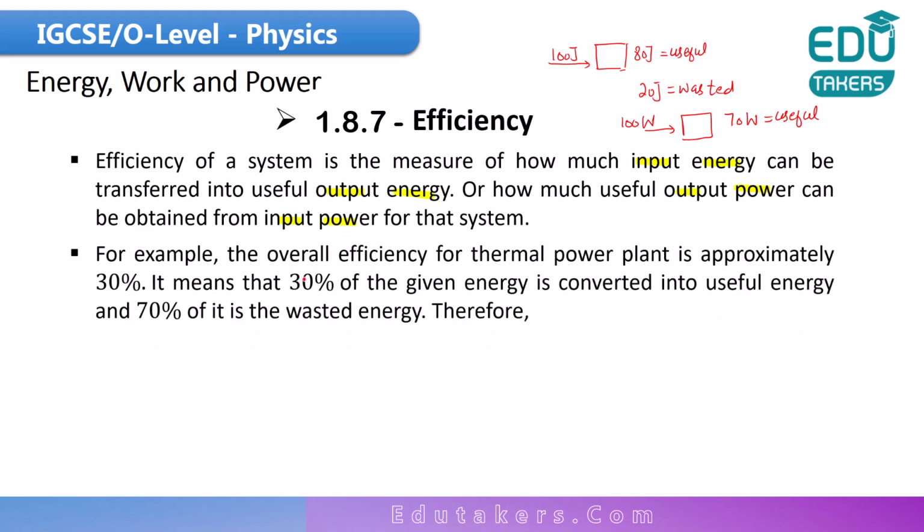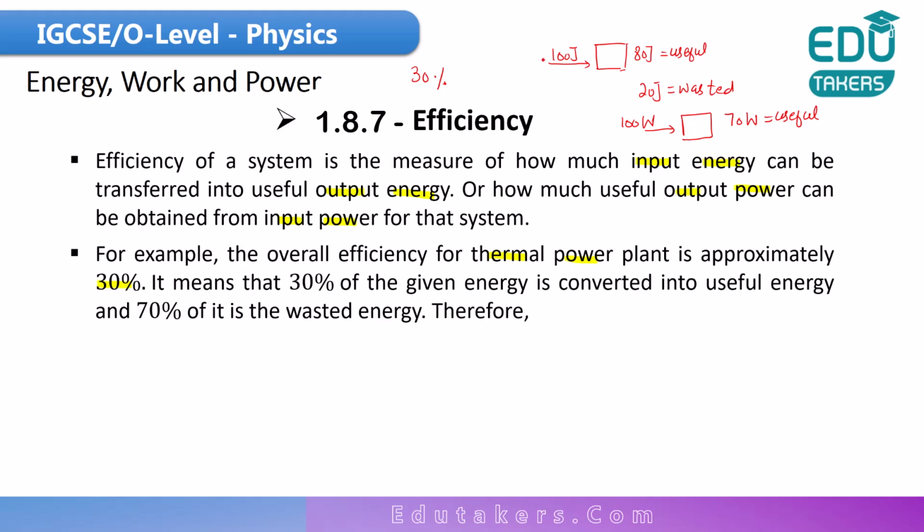Here is an example. For example, the overall efficiency of a thermal power plant is approximately 30%. If I suppose that the efficiency is 30%, what does this mean? It means that 30% of the input energy is converted into the useful output energy and the remaining is the wasted energy.